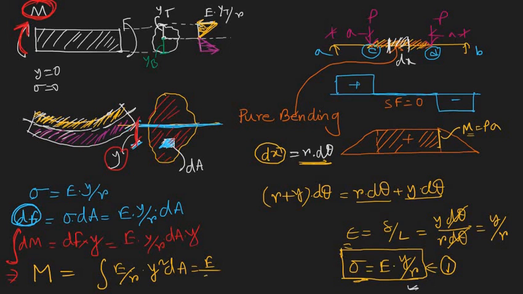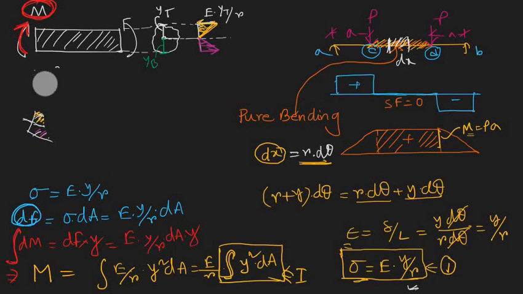If we take out E by R, we have the integration of y squared dA, which is known as the moment of inertia. If we express this moment of inertia by I, we have a very beautiful equation.